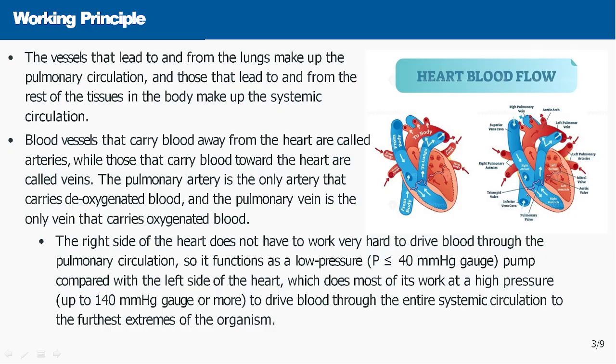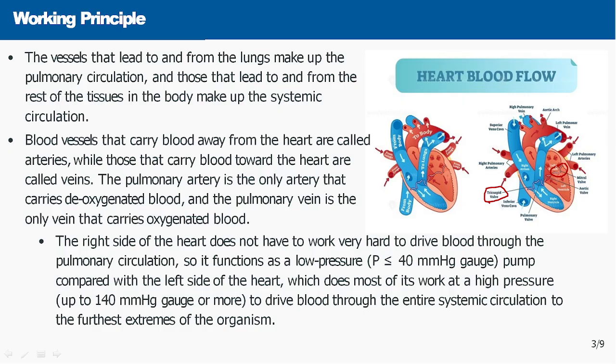Now, as we have discussed, we have different valves. Between the right atrium and right ventricle we have a tricuspid valve. Three cup-shaped valves are there, that is why it is known as the tricuspid valve. Similarly, between the left atrium and left ventricle we have a bicuspid valve, or we also call it the mitral valve.